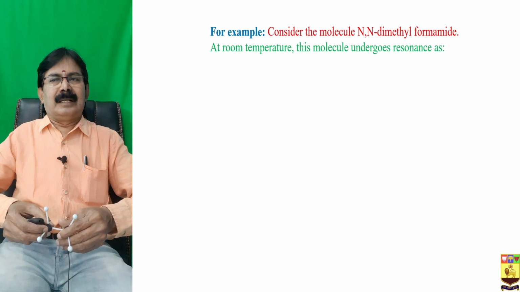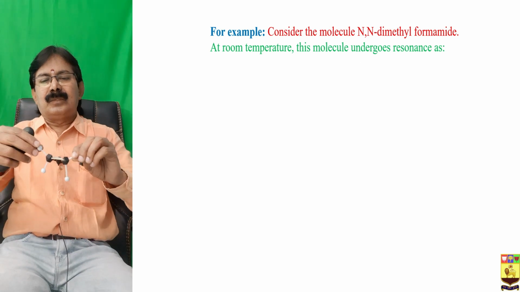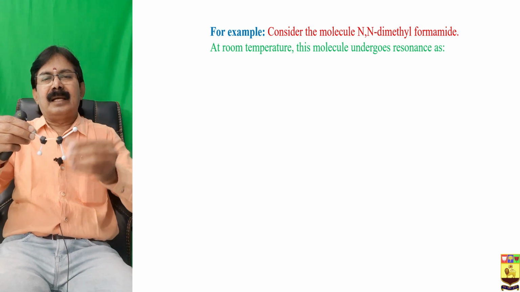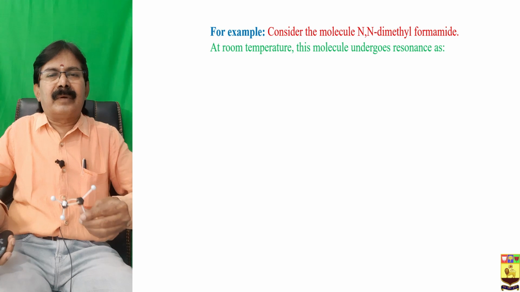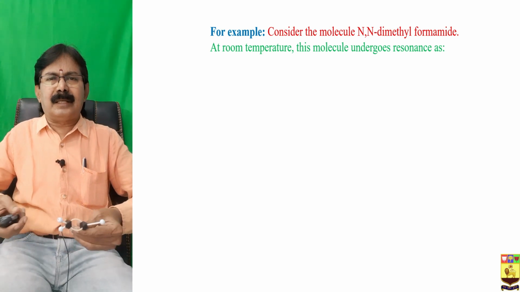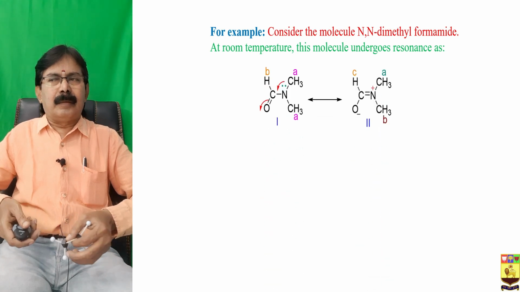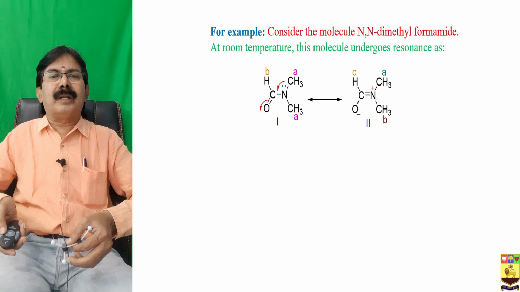I will show the structure also, so that one can distinguish cis and trans isomers. So this is a cis, and this is a trans isomer. If a molecule originally contains a single bond and, because of resonance, attains double bond character, this phenomenon is called restricted rotation.